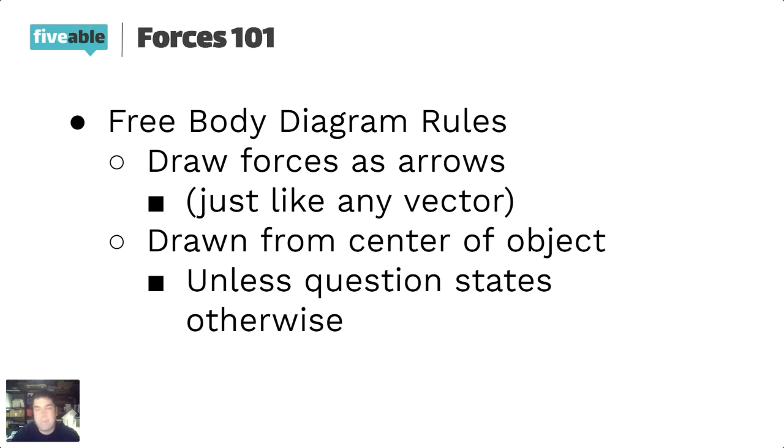The AP exam isn't going to expect you, like some other exams might, to get a ruler and do everything perfectly to scale, but they do want to make sure that you are reasonably close with that. So if 2 objects have the same weight, their weight vectors or their force of gravity arrows should be the same length. If they have the same force of friction on them, they should be the same length, that sort of thing.